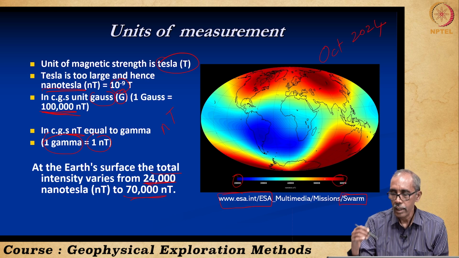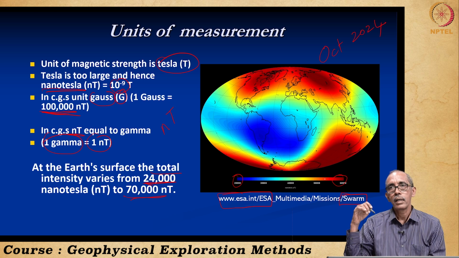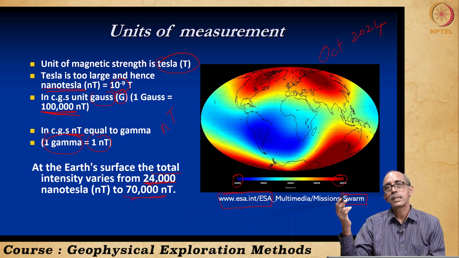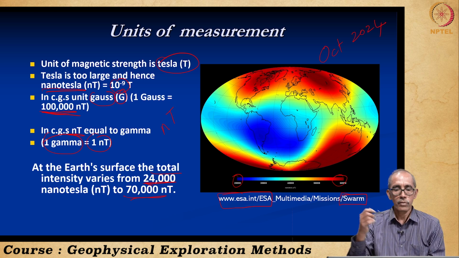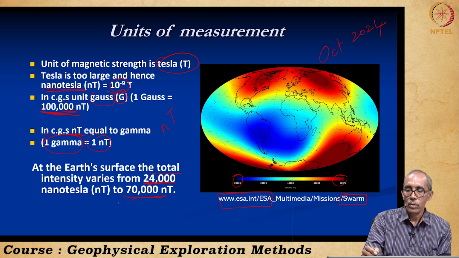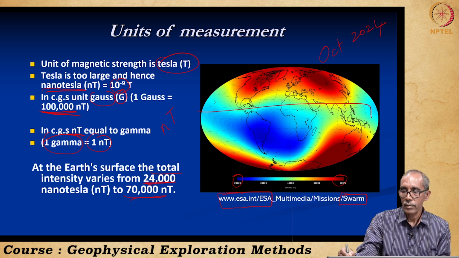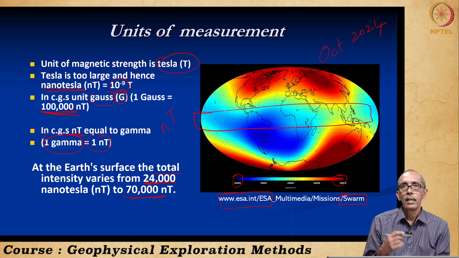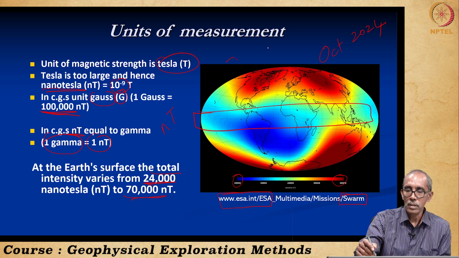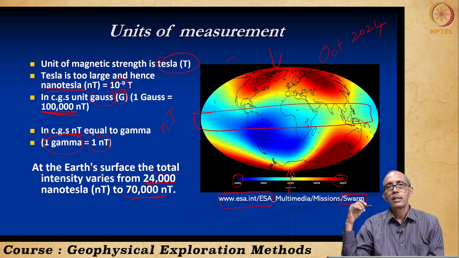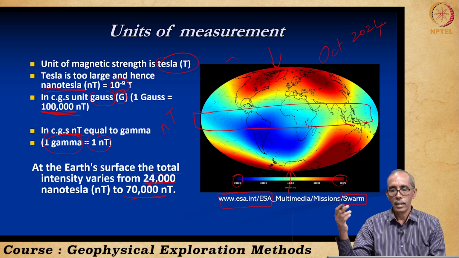All the dark red color is about 60,000 nanotesla. That is what I have indicated here. So, in the equator region the values are very low, whereas in the north and south poles the values are much higher. Why is it? It is because of the difference in the diameter of the earth.